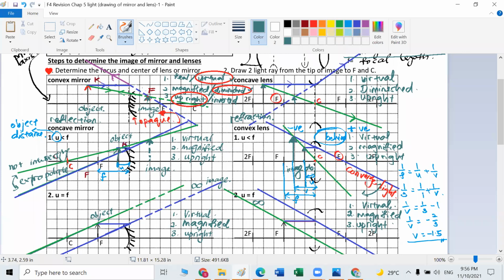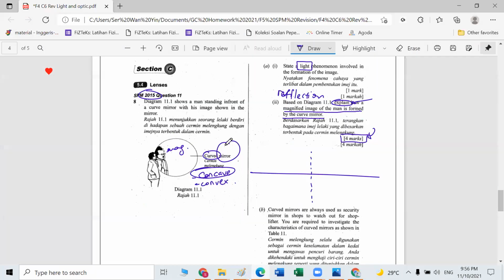Why not convex? Because convex always diminish, smaller. The image always smaller, always. Only got one, no matter how close or how far it is, always diminish. Okay, so concave, then we draw small enough, opaque at the back.